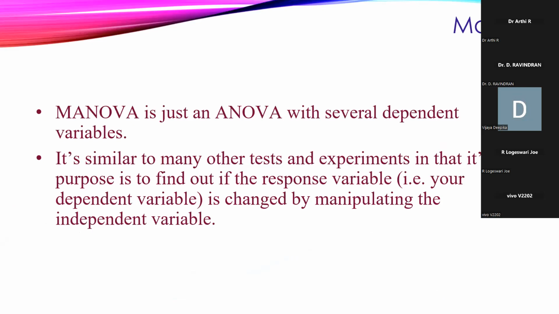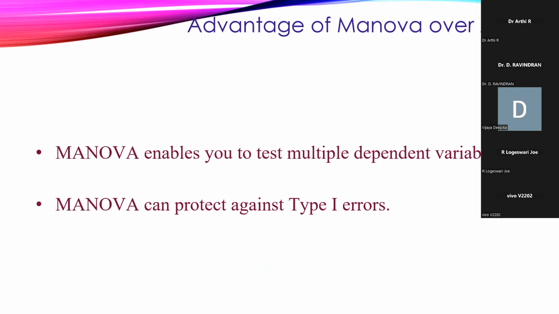It is an ANOVA with several dependent variables. And here the purpose is to find out if the dependent variable can be changed by manipulating the independent variable. So we are trying to find out, can we make alterations in the dependent variable based on the independent variable?